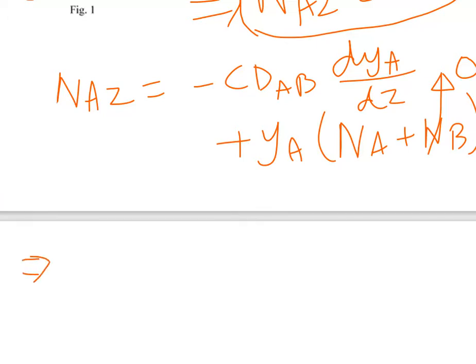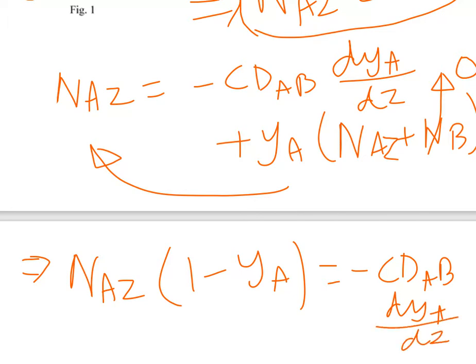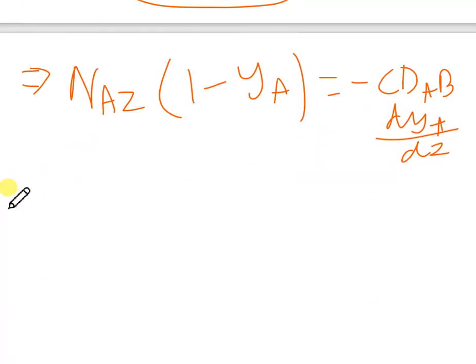How do we do that? NAZ (1 minus YA), this YA I'm taking, YA NA equals minus C DAB dYA over dz. If we integrate this, let us separate the variables.